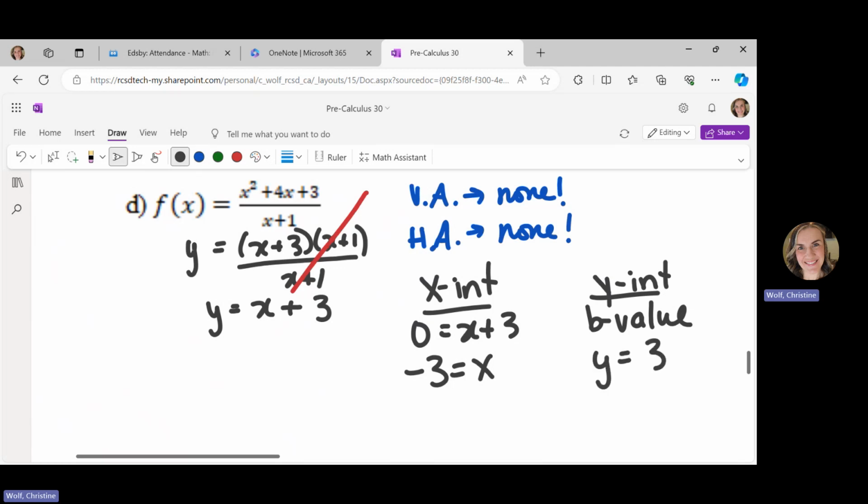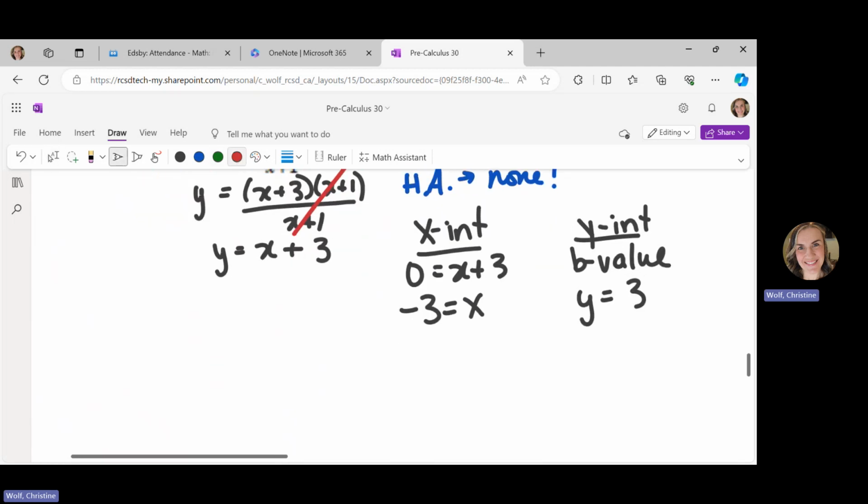So y equals +3. So we've gotten everything. No, we haven't. Pardon me. We have not figured out where the point of discontinuity exists. Okay, we're going to have a hole in the graph. So the point of discontinuity exists with what value I crossed off. So it exists at x equals -1.